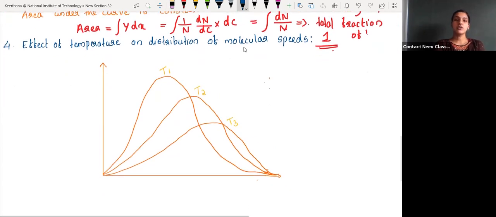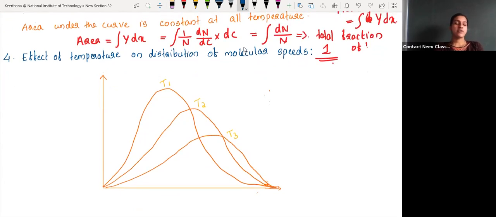That also you should note. If we increase the temperature, here the order is T1 less than T2 less than T3. As temperature increases, height decreases and width increases.